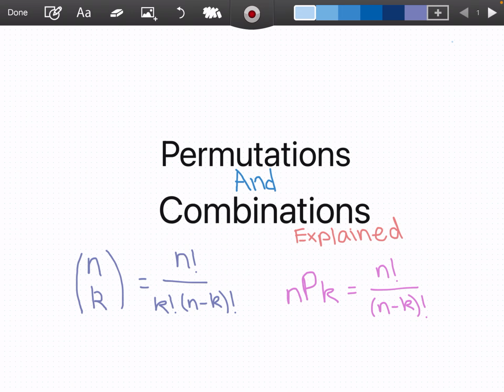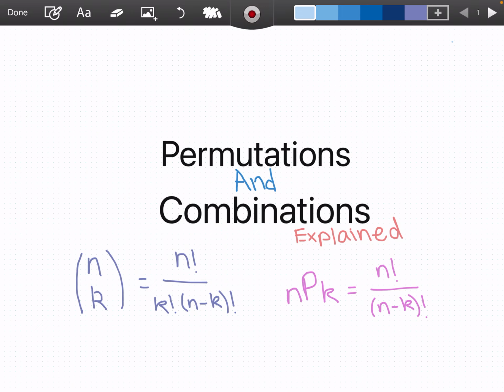So now we can see the formulas for permutations and combinations. Here we have the permutation formula, and that is n factorial over n minus k factorial. And here we have the combination formula, which is n factorial over k factorial times n minus k factorial.